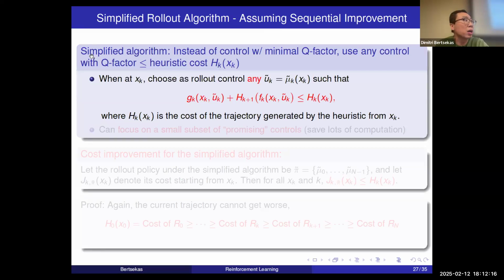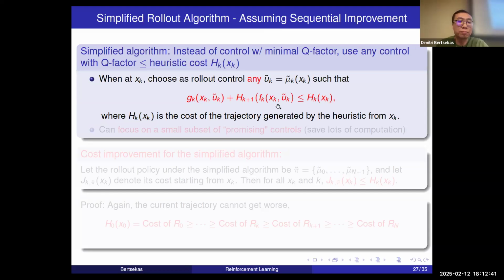Recall that in rollout, at a typical state, we compute all the Q factors corresponding to all feasible states and look for the one which has the smallest Q factor. Because of the sequential improvement condition, the smallest is definitely less than the one given by the base heuristic.